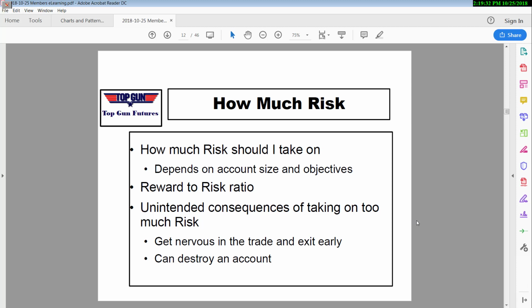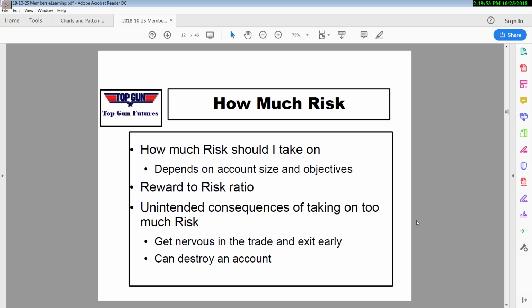You may have to when you're smaller. As you get larger and larger account size, that should go down. And I'll show you how, with a share sizing chart, that you're not really risking $8,000 if you put $8,000 in a trade, because you're not going to let it go to zero.